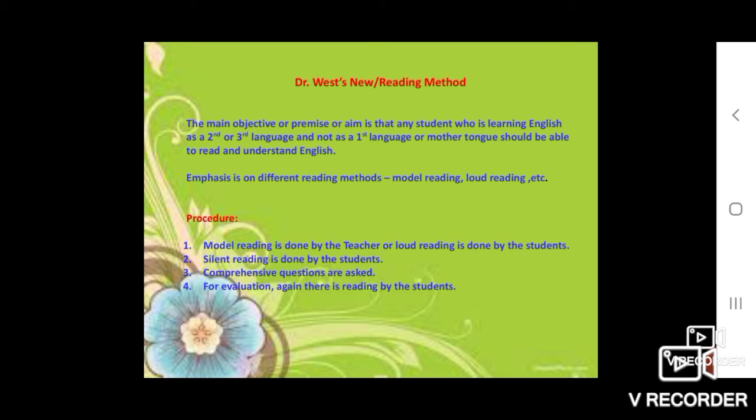So as a teacher or as a student teacher, what do you have to do? You have to follow the procedure. First of all, in this West new method, model reading is done by the teacher, or loud reading is done by the student.